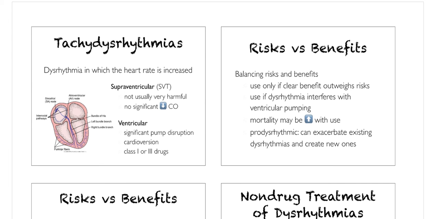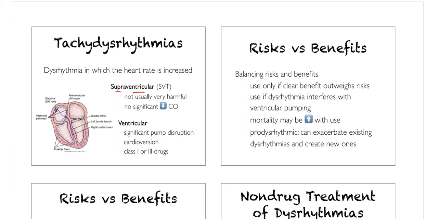For a supraventricular dysrhythmia, this is going to be one in which the original impulse for this rhythm comes from somewhere within the atria, meaning that we have supra, meaning above the ventricles, and above the ventricles would be the atria.